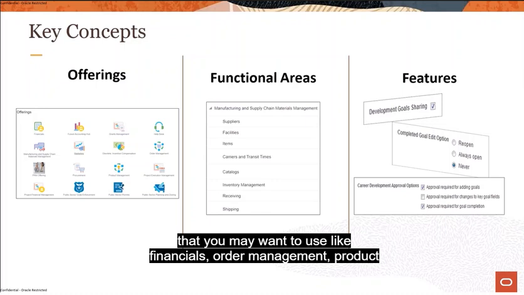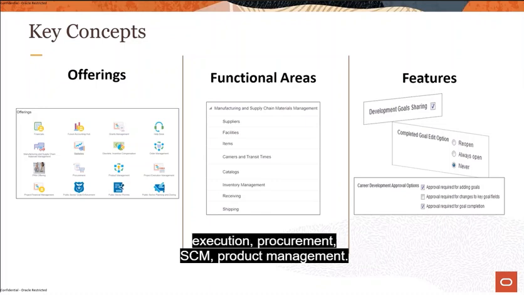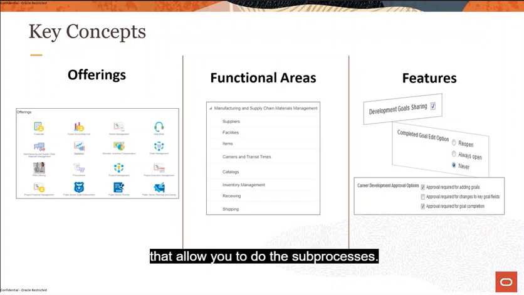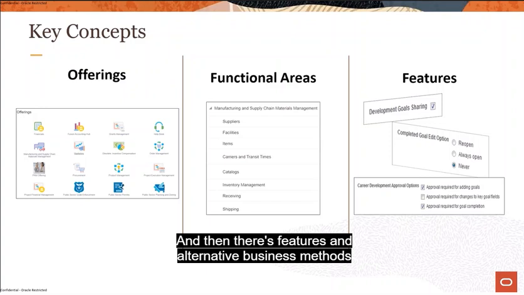The offerings are basically the big functional groupings of the application that you may want to use, like financials, order management, product execution, procurement, SCM, product management. The functional areas are the modules within those areas that allow you to do the sub-processes. And then there are features and alternative business methods that you can turn on and use in the functional area.